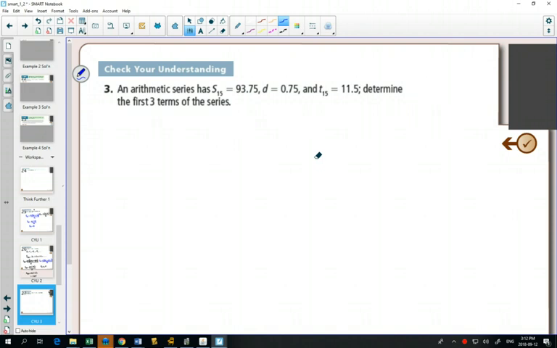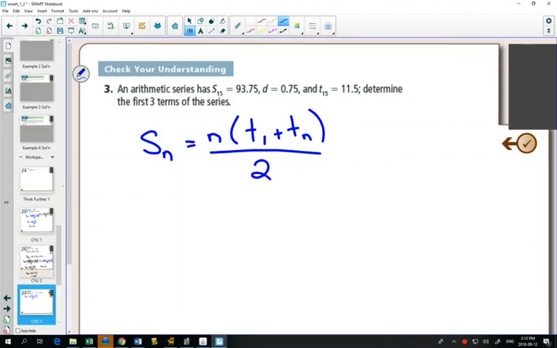For example, if I take this formula, this is the first one that jumped out to me, and I say, what do I know? I know S15. So I could put in 93.75 for S15.